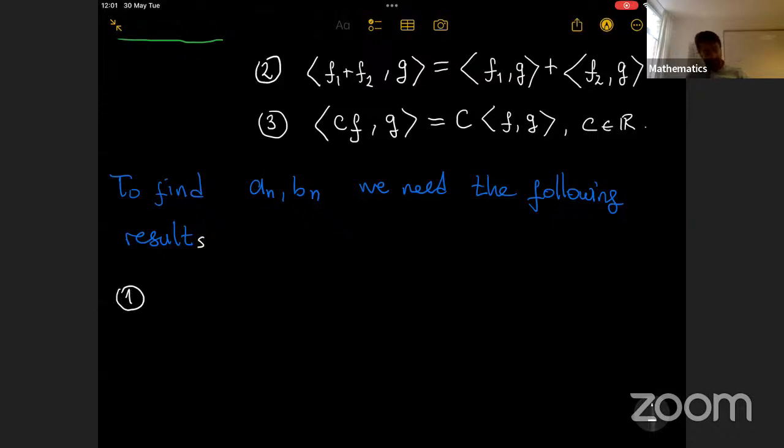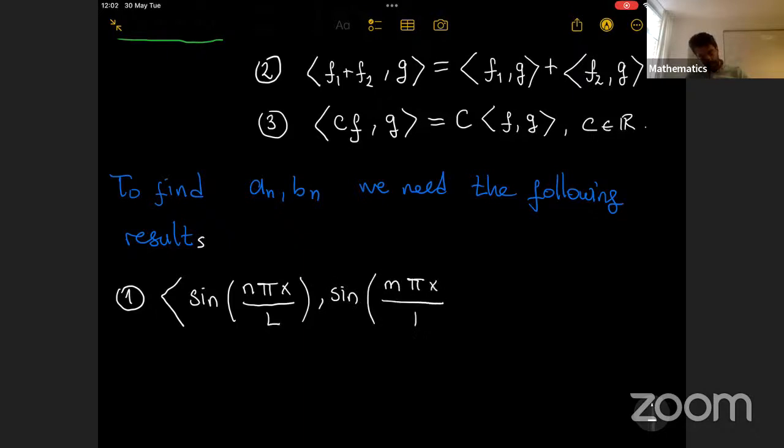The first one is when you take the inner product of sine n pi x over L with sine m pi x over L, okay? Here m and n, these are natural numbers.